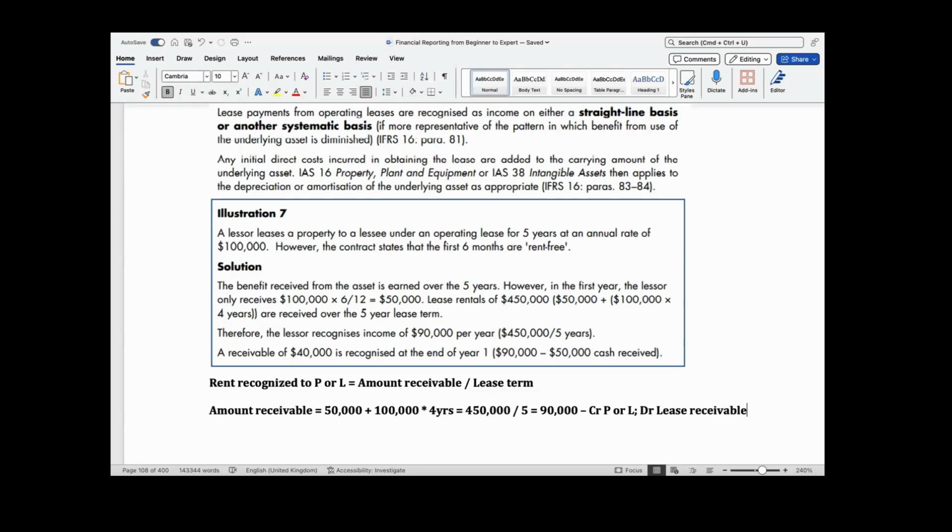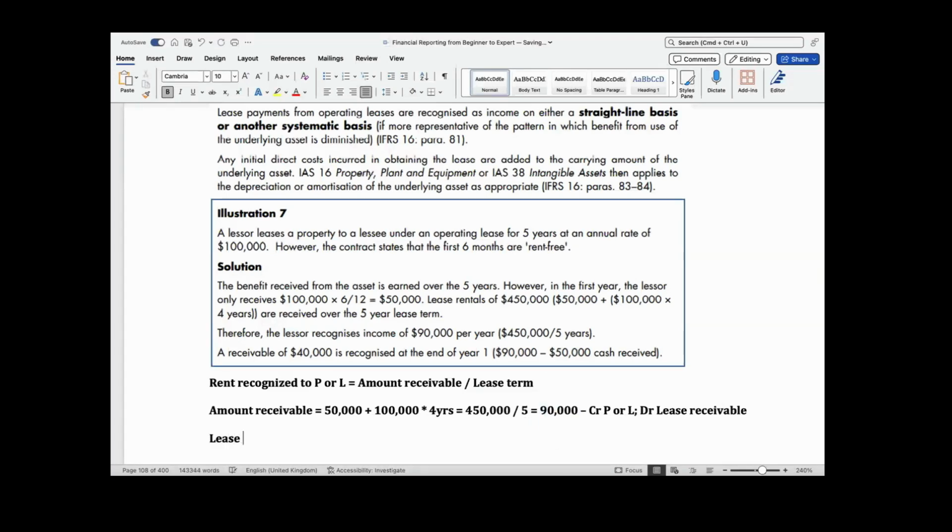That means that you are recognizing 90K to P&L, but you are collecting 50. That shows that in addition to recognizing this to P&L, you must recognize a balance of 40,000 as lease receivable in the first year.